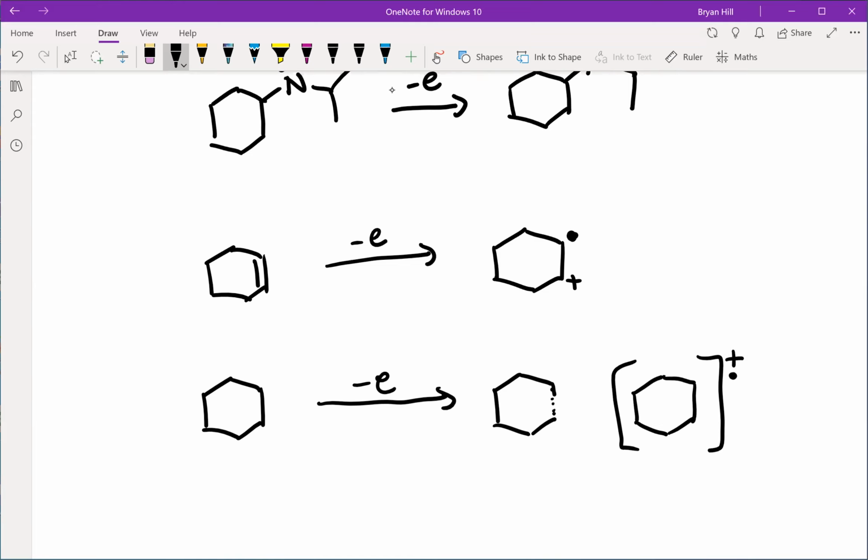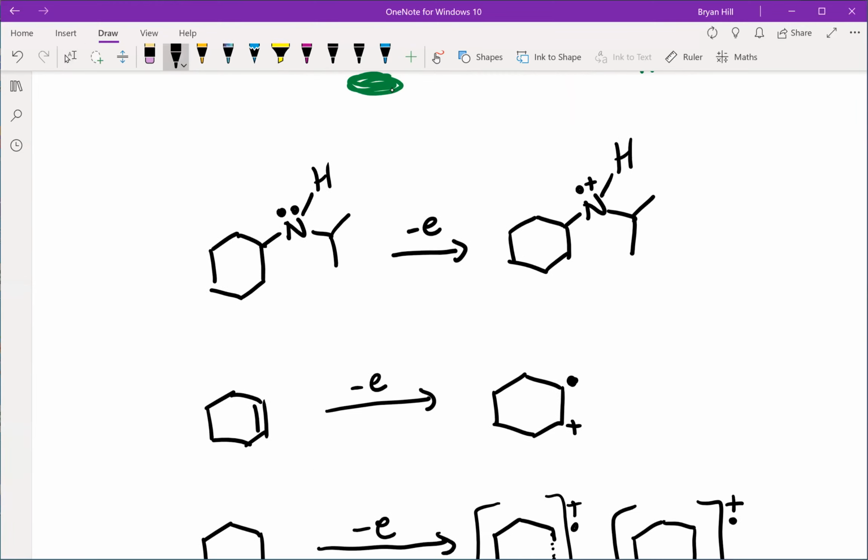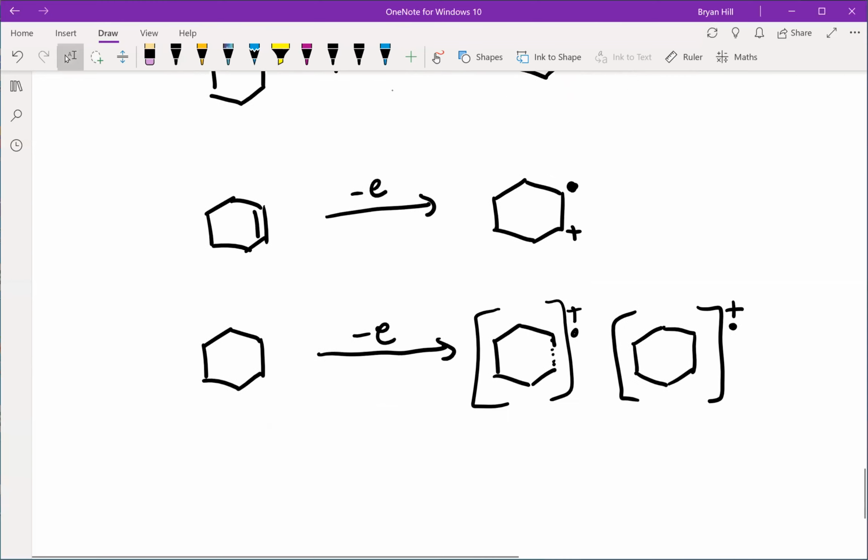Say that somewhere one of these sigma bonds is missing an electron. But if you wanted to specify that it was this bond here, you could do something like that, and then put radical cation, something like this. So lone pair electrons tend to get removed first, then pi electrons, and then sigma bonds.